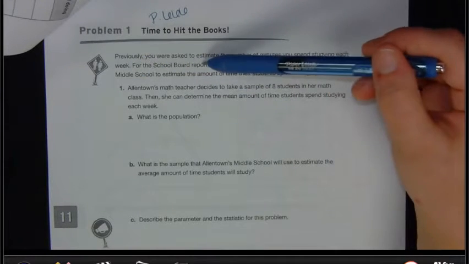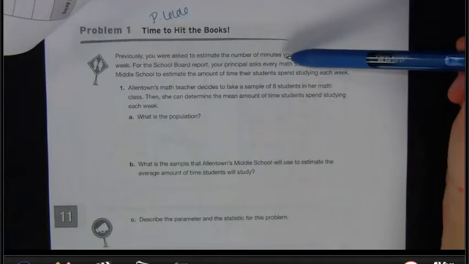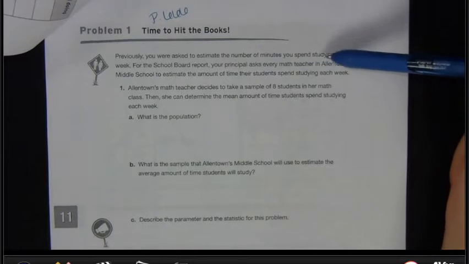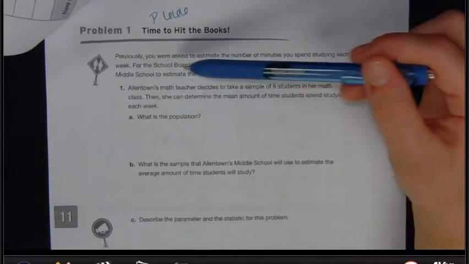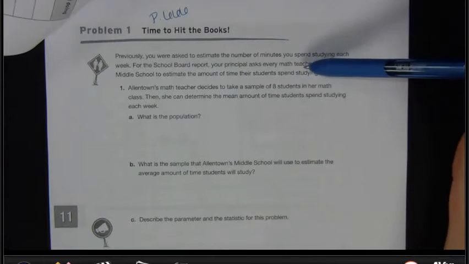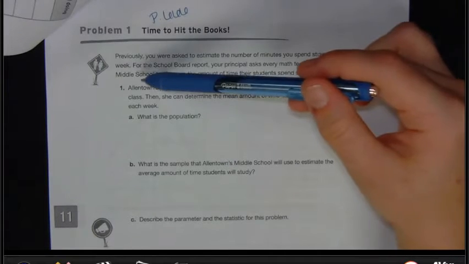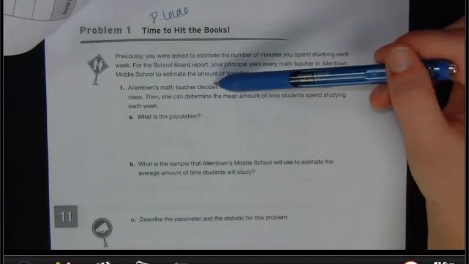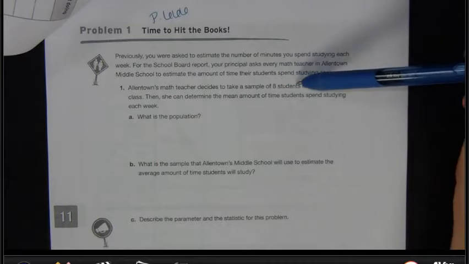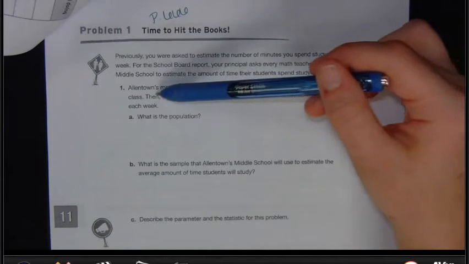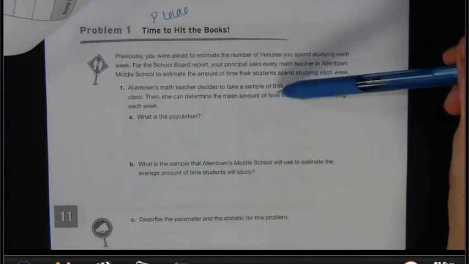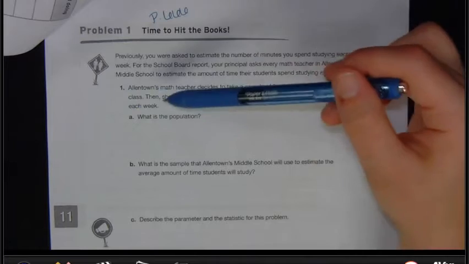For the school board report, your principal asked every math teacher in Allentown Middle School to estimate the amount of time their students spend studying each week. Allentown's math teacher decides to take a sample of 8 students in her math class. Then she determined the mean amount of time students spend studying each week.